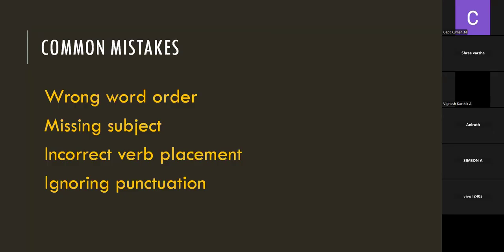I repeat, just concentrate on this. It's one of the most important ones in the list. Nouns name things. Verbs show actions. Adjectives describe nouns. And adverbs describe actions. For example, she speaks softly. Softly is an adverb. Understanding categories improves sentence formation.